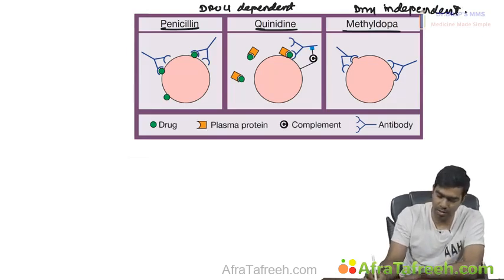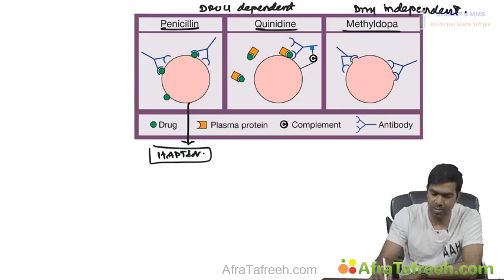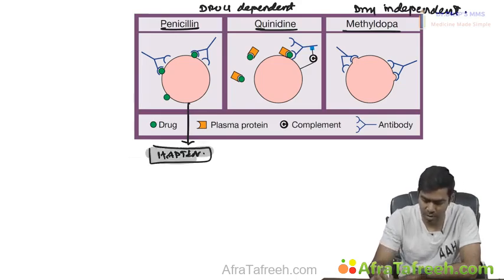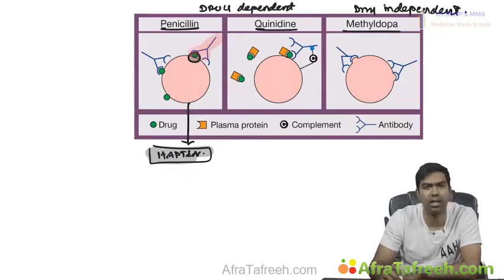The first one I'm going to discuss is the Hampton model. What do you mean by the Hampton model? In the Hampton model, there will be drug and RBC membrane. The drug will be bound to the RBC membrane, and antibodies will be formed against the drug and RBC membrane complex.